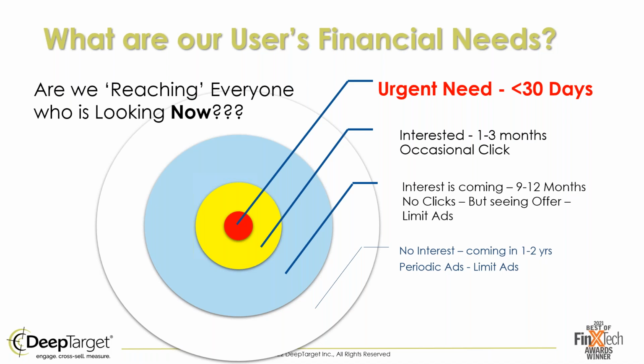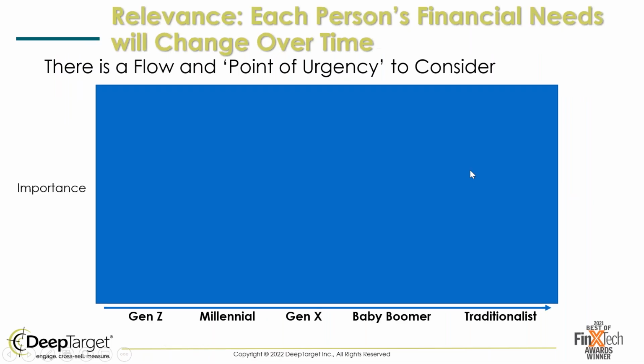Who is looking now, in less than 30 days, for something you have? But you also want to let others know that you have products, so there's a level of interest in 1 to 3 months, even beyond that, and then even 1 to 2 years. So how do you play that up and not become irrelevant in showing your ads to your digital users?